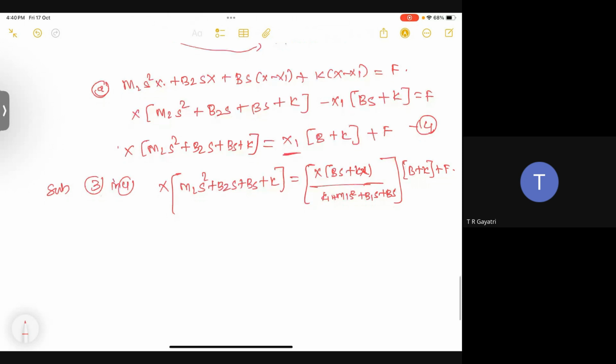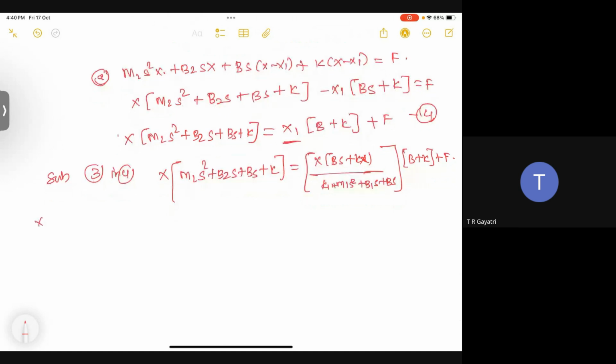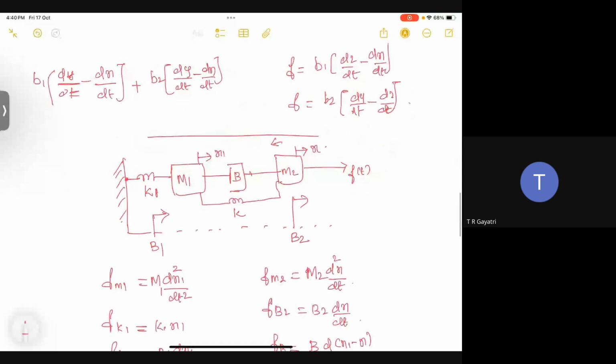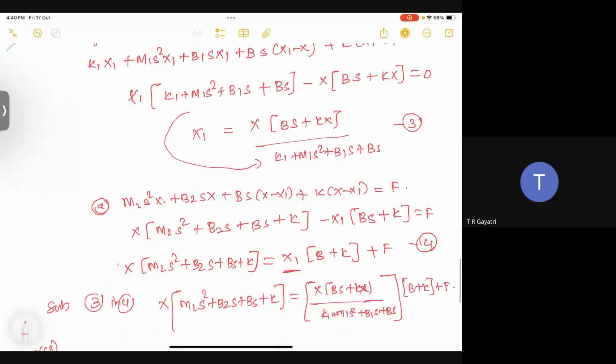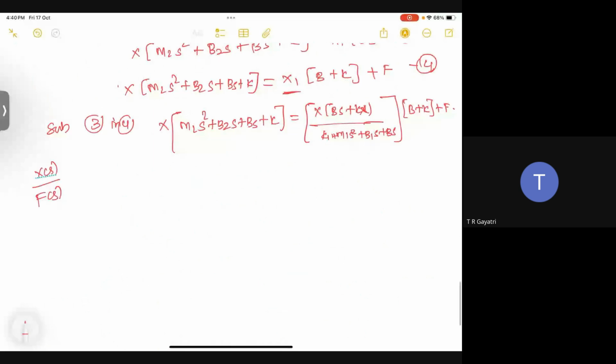So the output here is x, that is the last displacement, and the input here is the force acting on the entire system. So I want to write it in terms of this. I'm keeping this on one side and equating everything else to the other side.